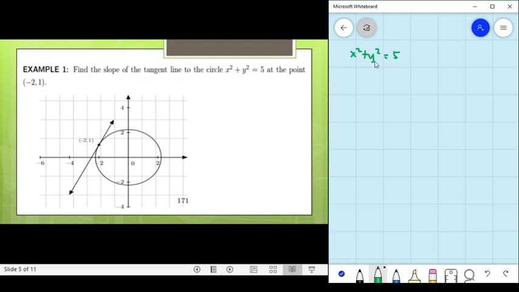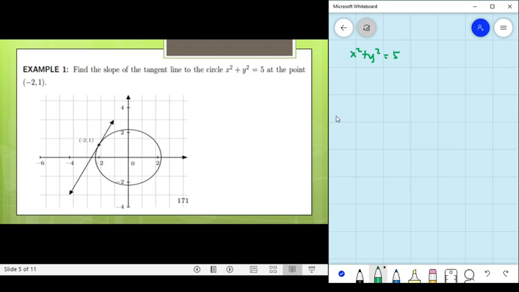Okay, so if we compare this situation with the other example we had last time, that was a simple derivative, y equals something. But when the equation has both x and y terms, what we do is implicit differentiation.